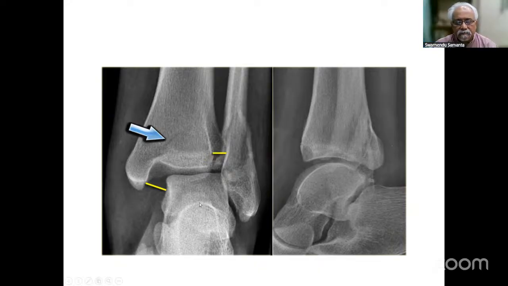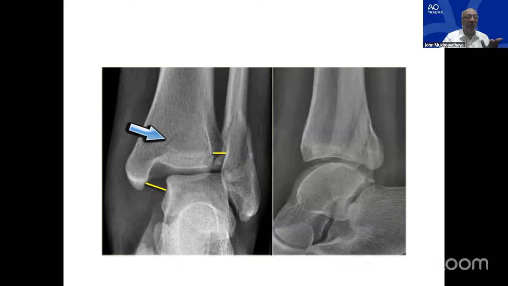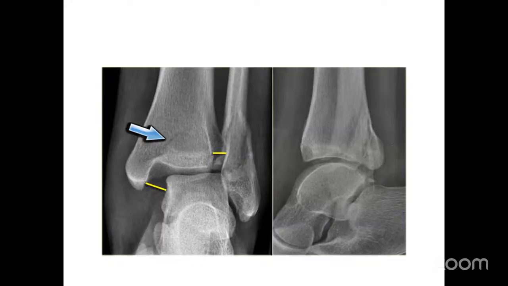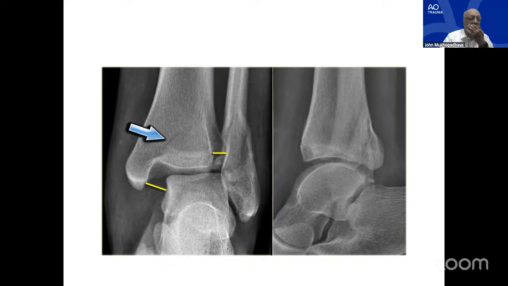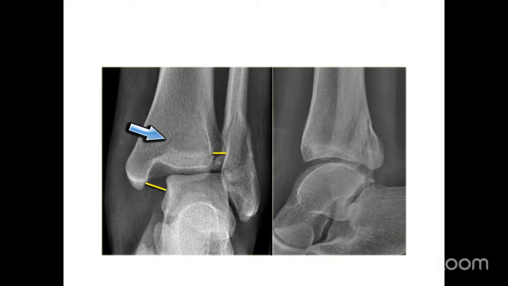AP and lateral X-ray of the ankle. Okay, in the AP X-ray, I can see this. Now you can decide. Can you see a fibular fracture? Sir, we see the lateral malleolar fracture of the fibula, and subluxation of the talotibial joint and syndesmotic injury also.